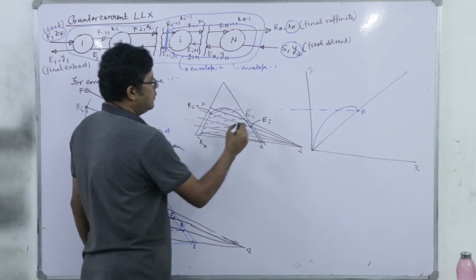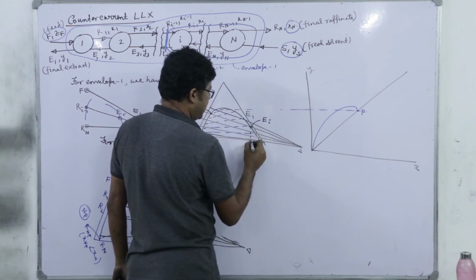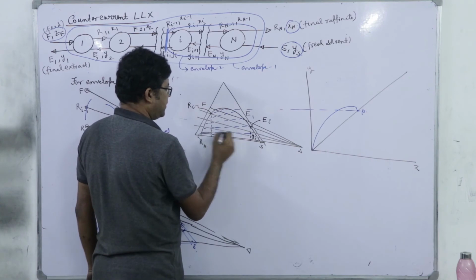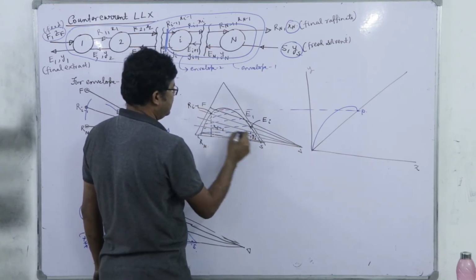So, this represents y, this represents y_i, and this represents x_(i-1).